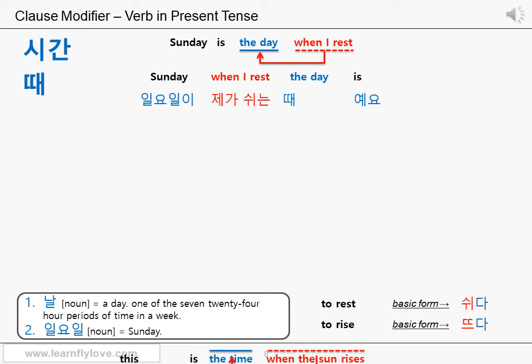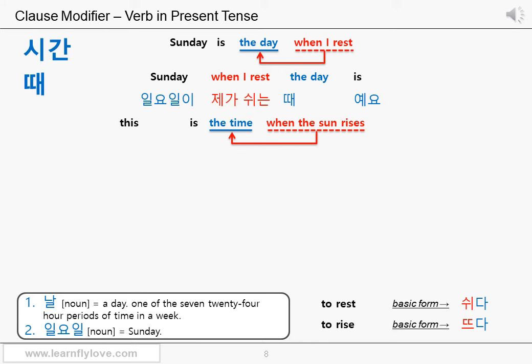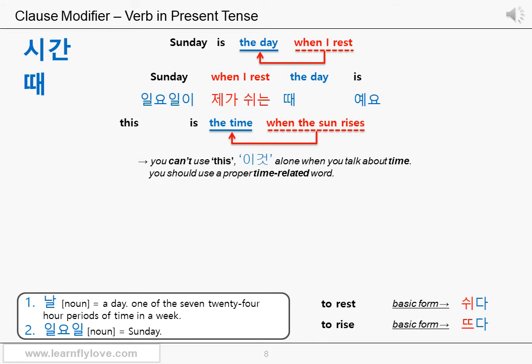Let's see the next sentence. This is the time when the sun rises. Is there someone who remembers that 이것 cannot be used to indicate time in Korean? When you talk about time, you should use a proper time-related noun, such as time, day, now, or tomorrow.